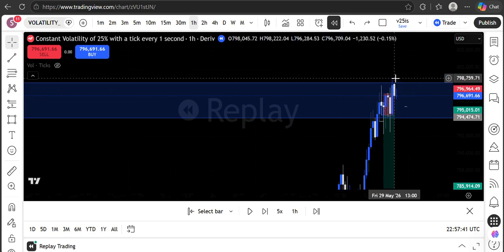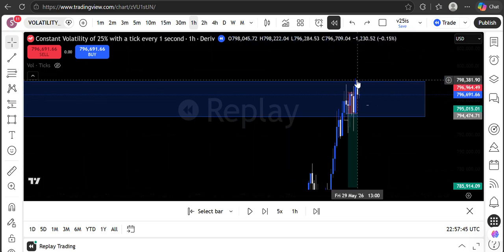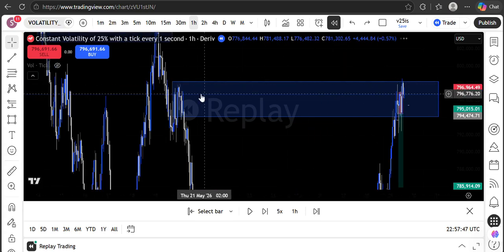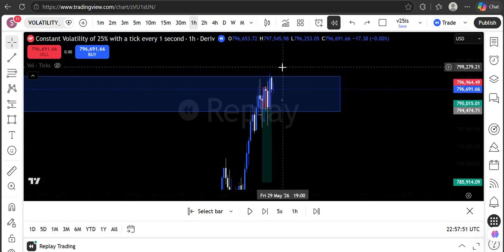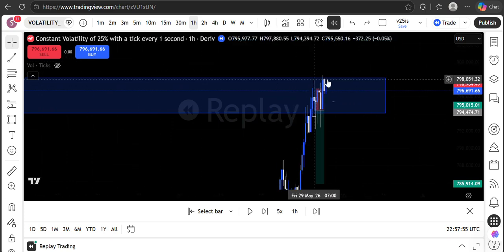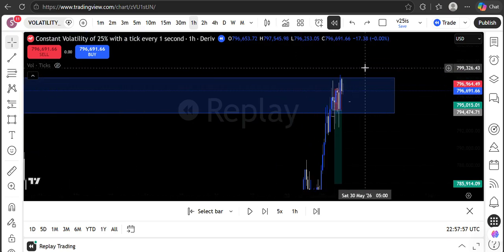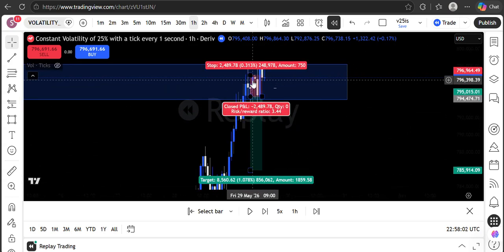Rather, we saw a wick, meaning there was a liquidity sweep. So price took out this previous high with a wick, not a full body candle close above that previous structure. So that's what actually happened here. That's why this first zone was violated.